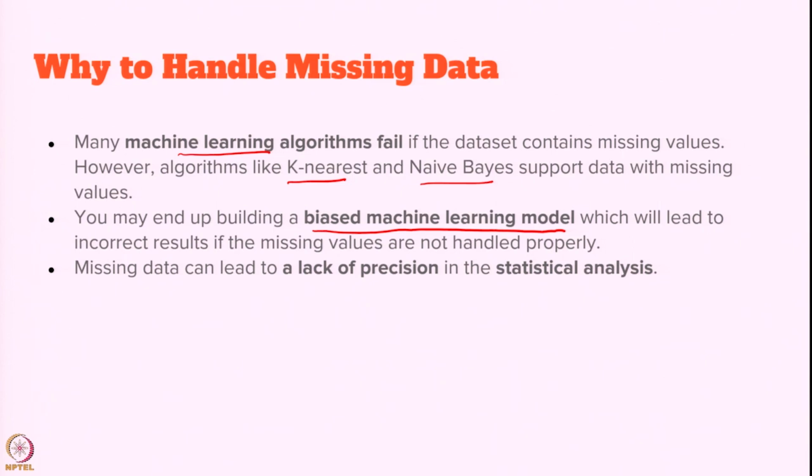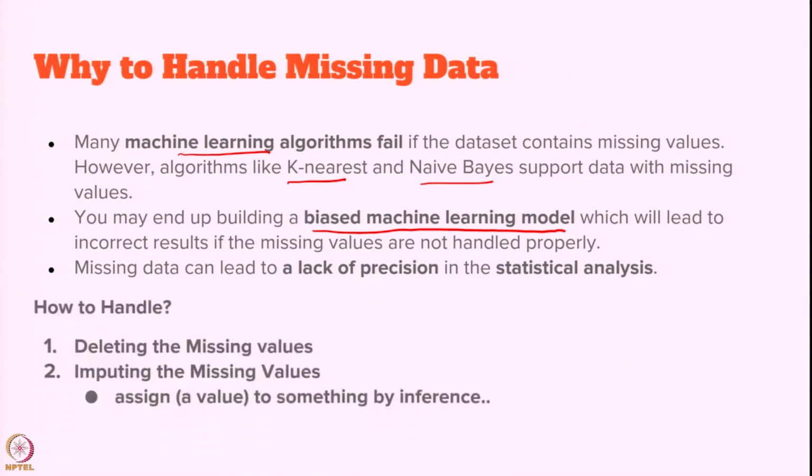If it does not get trained properly, the entire efficiency of the model may go down. For example, there can be a lack of precision, accuracy or recall of the algorithm because there was a huge amount of missing data. So these are the reasons why we have to handle the missing data. By handling the missing data, we will get a model or an algorithm which gets trained well, which is more optimal, robust, and in some cases more efficient as well.